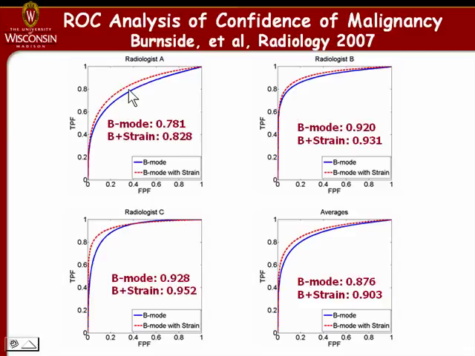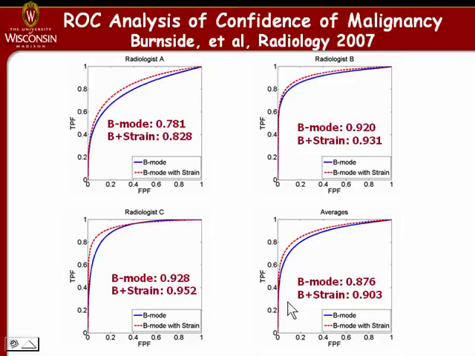And the first thing that you see is that the red dashed curves in each case lie above that for the blue curve. Same is true when we combine the data to get an average observer performance. So the area under the curve is always increased when we have B-mode plus strain information over B-mode alone.